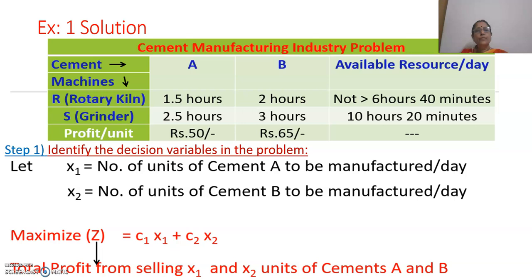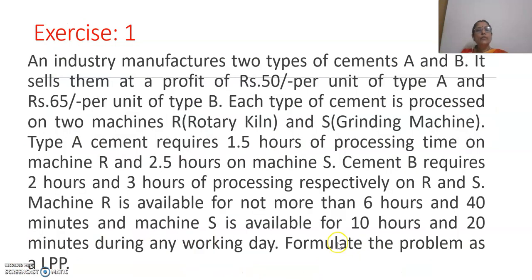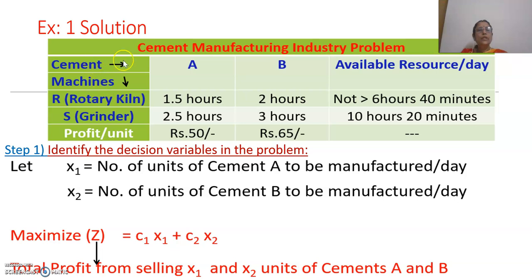So we have to use the standard formulation steps for formulating the problem into a mathematical model. So let's proceed. First, to start with, we are expressing the data given in the problem statement into a table. So the table is like this. The table contains the cement, which is A and B. Two types of cements are being manufactured in the cement industry, which are A and B. So they are written in two columns like this, and each of the cement requires processing on two types of machines. One is rotary kiln and the other is grinding machine, and their requirement for 1 unit is given here.